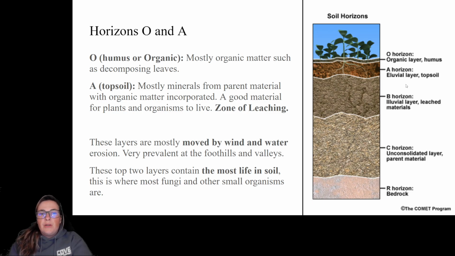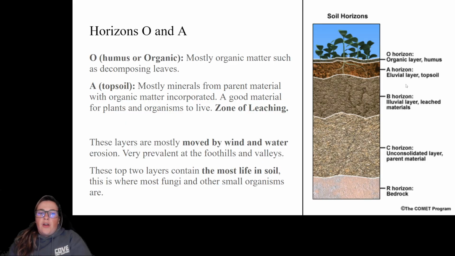This is mostly minerals from parent material with organic matter incorporated. It's a good material for plants and organisms to live. This is where you see worms, beetles, or anything else that lives and thrives in the dirt, fungi, right? This is also called the zone of leaching, where a lot of things leach into the soil from the surface.